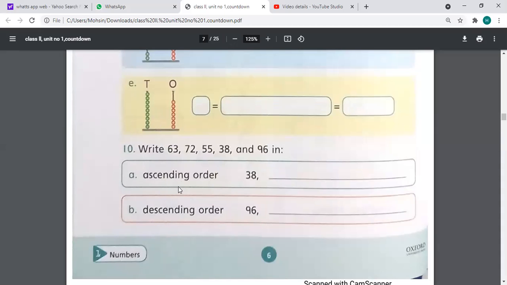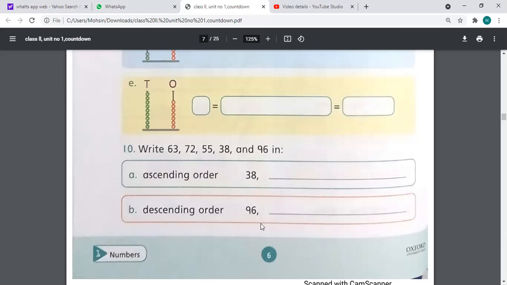Ascending means you have to start from the smallest one. You have to find which one is the smallest. 38 is the smallest, so write 38. After 38, you write 55, then 63, and so on till 96.